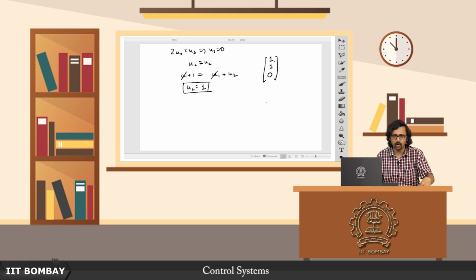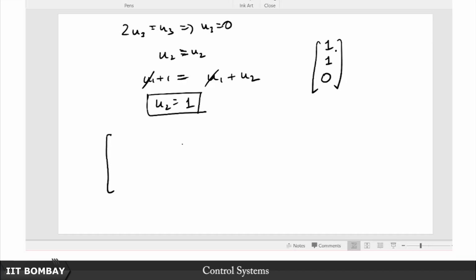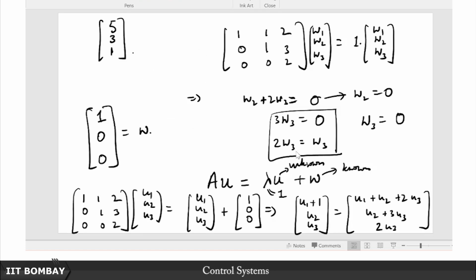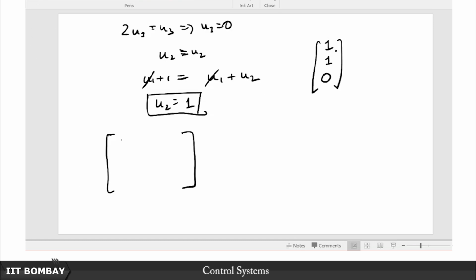If I choose this to be 1, now I am claiming that my entire transformation matrix is cooked up. What is my transformation matrix? I first want to cook up the chain for the eigenvalue 1. The chain starts with the original eigenvector, which is 1, 0, 0, then the second element in that chain, 1, 1, 0, and then finally the last element corresponds to the distinct eigenvalue, which is 2.